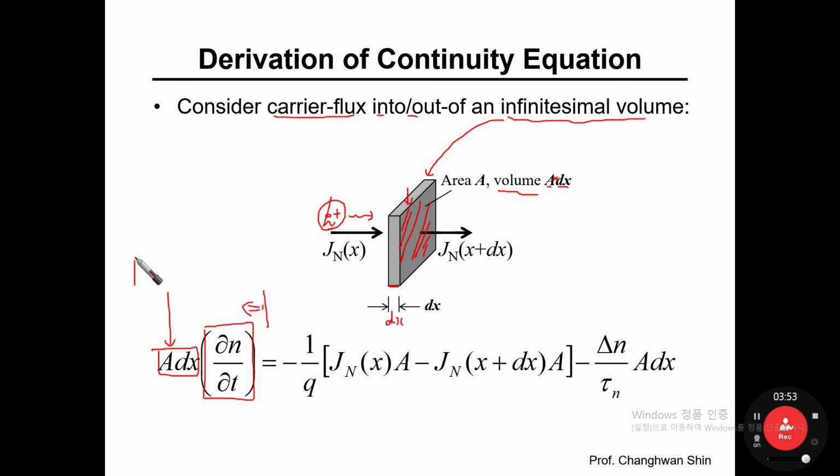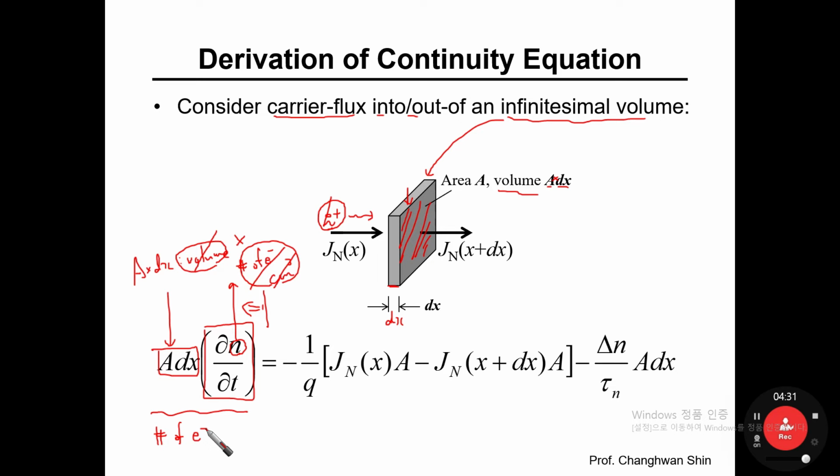Here A times dx indicates volume. And the second term indicates n. What is n? Yeah, the number of electrons per volume, per cubic centimeter. So if we multiply volume times this, then the unit for volume will be cancelled out, and in the end we get the number of electrons.